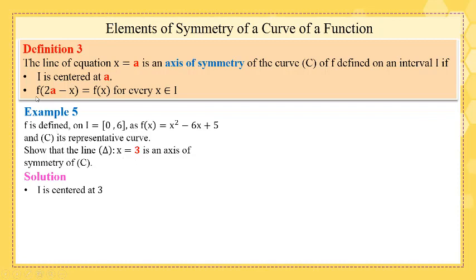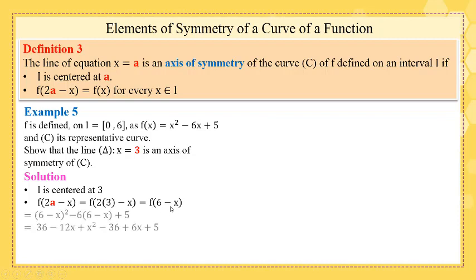The second condition is to prove that f of 2a minus x equals f of x. Let us start with f of 2a minus x. If we substitute a by 3, we will get f of 6 minus x. Substitute x by 6 minus x to get this expression.